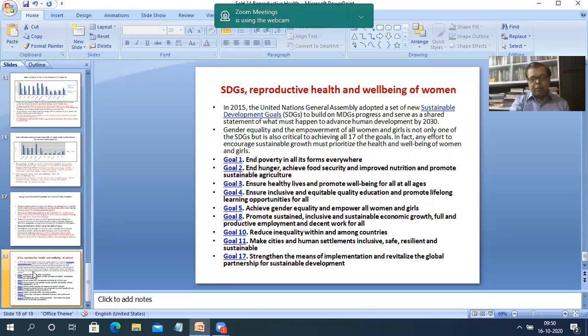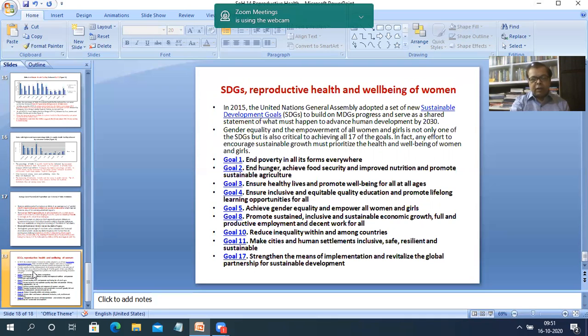Out of these 17 goals, many talk about the health of women, maternal health, or reproductive health. The approach is slightly changed here, because the focus is on the health and well-being of women as a whole, and not on specific phases of life, because of the achievements made during the Millennium Development Goals.